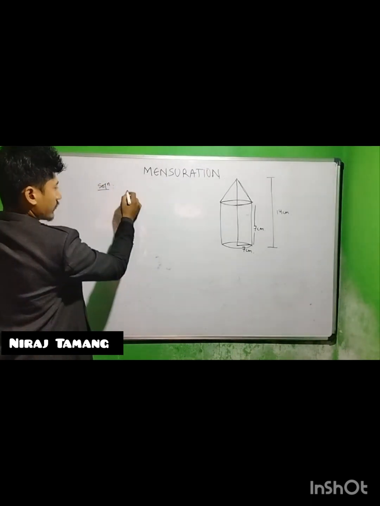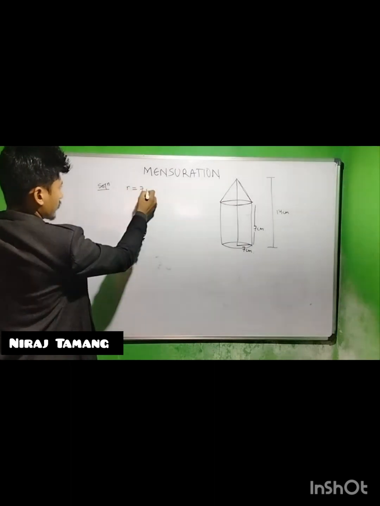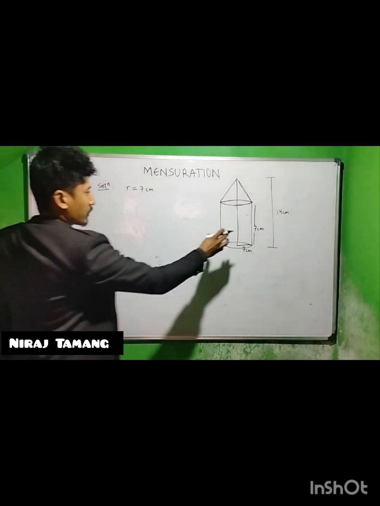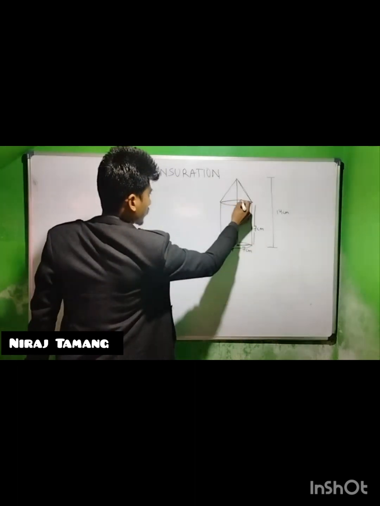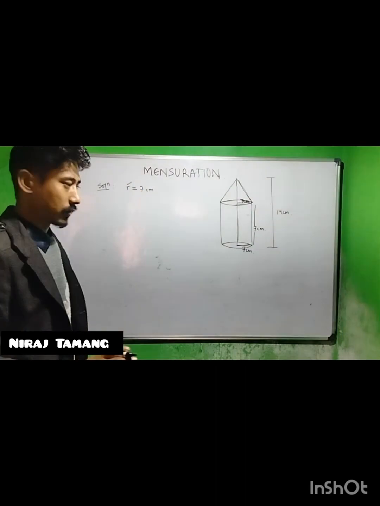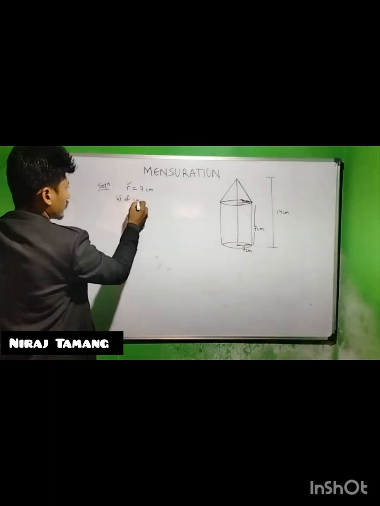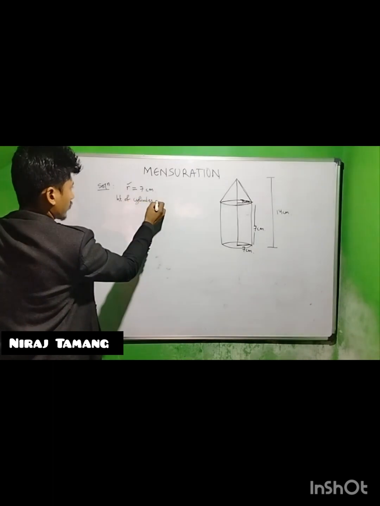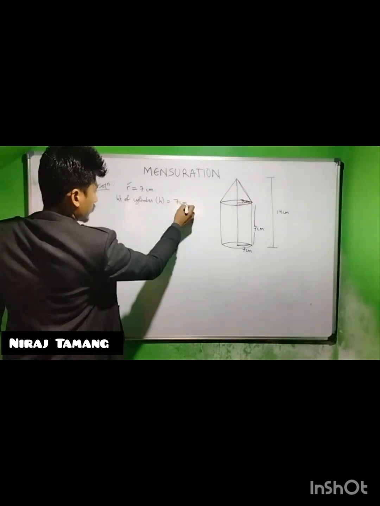First of all, the radius of the tent is 7 centimeter. Since we have two objects and both have the same radius, I am writing only R for both. And the height of the cylinder, or cylindrical portion, I am writing small h, is 7 centimeter.